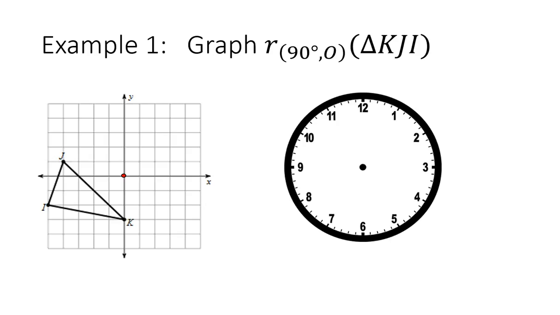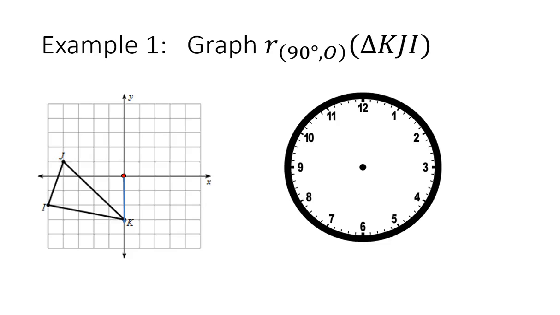And then my next step is I'm going to figure out my horizontal and vertical distances to each point. And I'm going to keep the clock there to help you with the rotations. So let's start with point K. K is pointing towards the 6 on the clock, and it's pointed down 3 units.